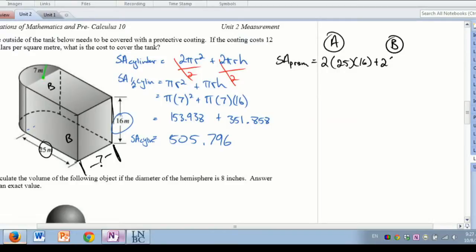So I have 2 of those, 16 times... Savannah, I'll get to that in a second. I have the distance across here. If this is 7, then this together would be 14. So I got the front and the back, top and the bottom, then I have this side C, maybe we'll call it C, make it green, and I only have 1 of those. So C is going to be 16 by 14.